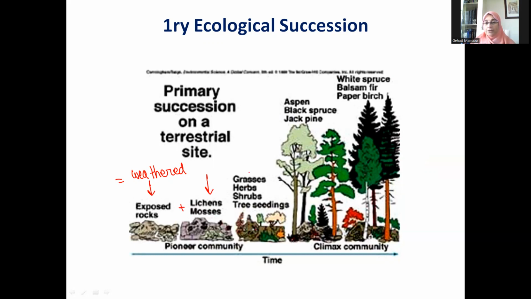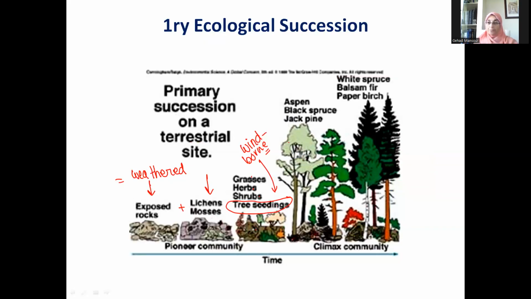And then gradually we see higher plants like grasses, herbs, shrubs. And then afterward, we get the trees. Of course, how did we get the trees? We didn't get the trees from nowhere. There were tree seedlings that came carried by wind. So they are wind-borne, with an E at the end.